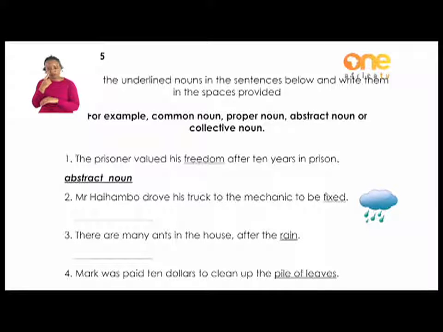What are you going to do? You are going to identify the underlined nouns, for example, freedom, in the sentences below, and write them down in the spaces provided.